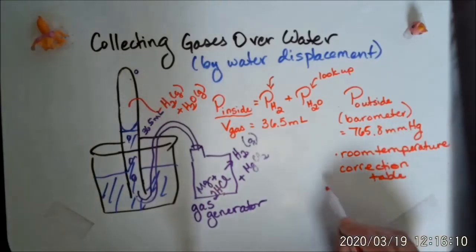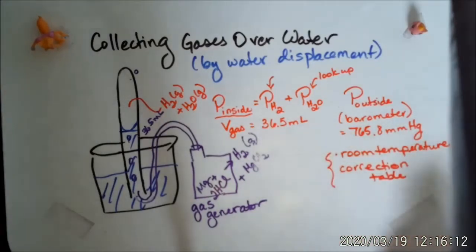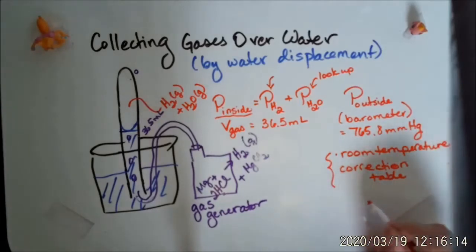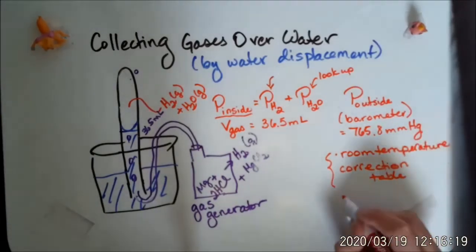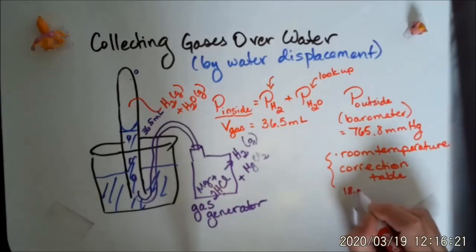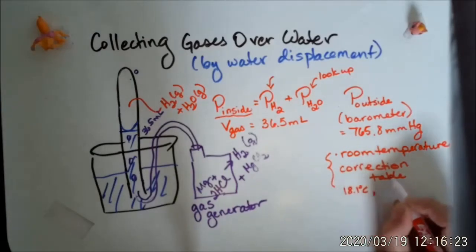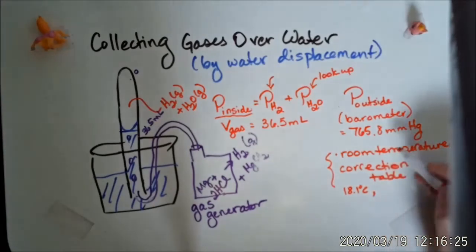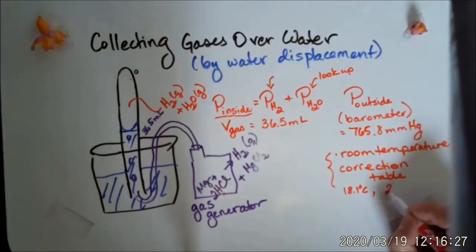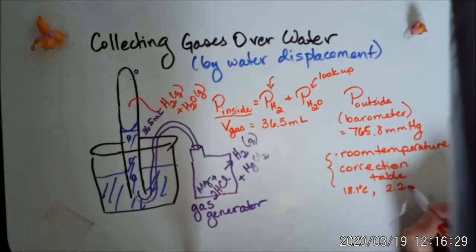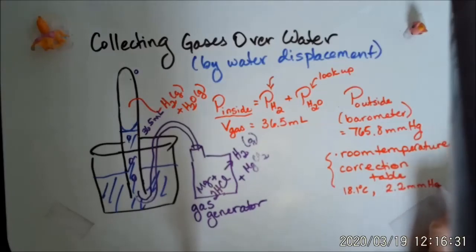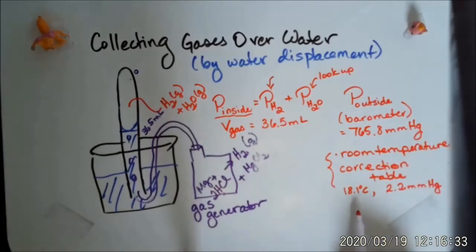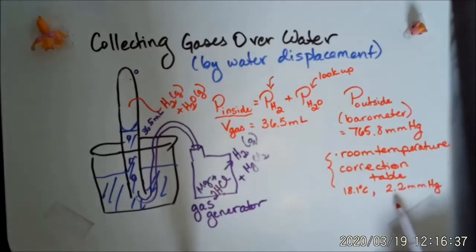Okay, so you do that. Okay, so suppose that your room temperature, we said last time it was 18.1 degrees Celsius. And so the correction table says at 18, and this is close to 760, so this is 2.2 millimeters mercury. Because mercury actually doesn't have zero vapor pressure, but you can see here it's extremely low. So we want to correct for that.